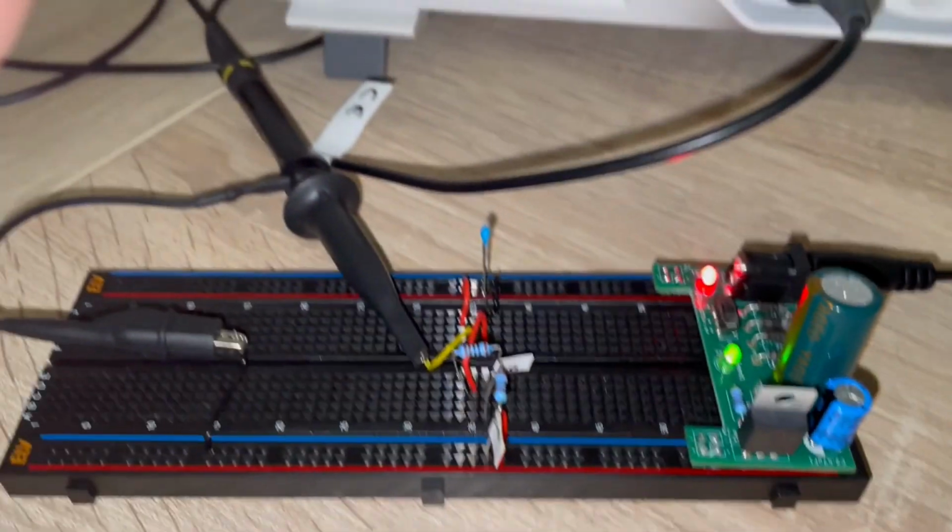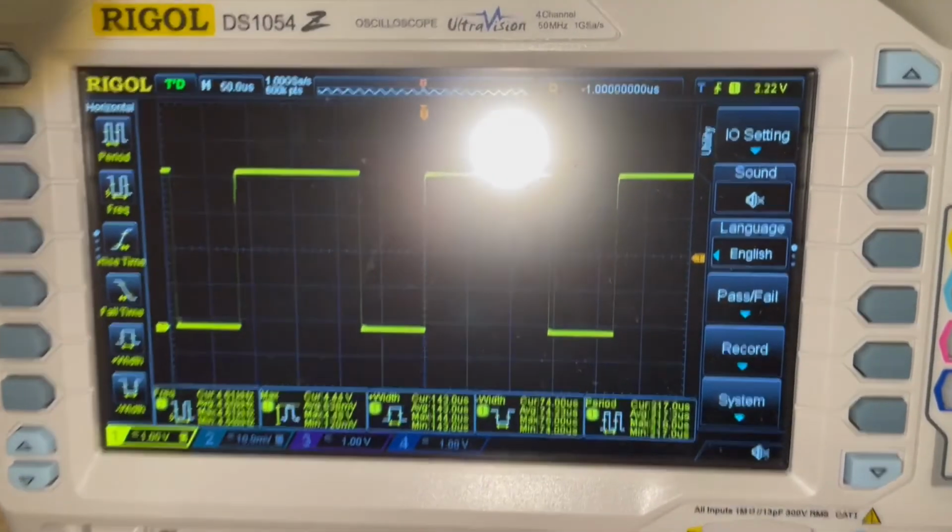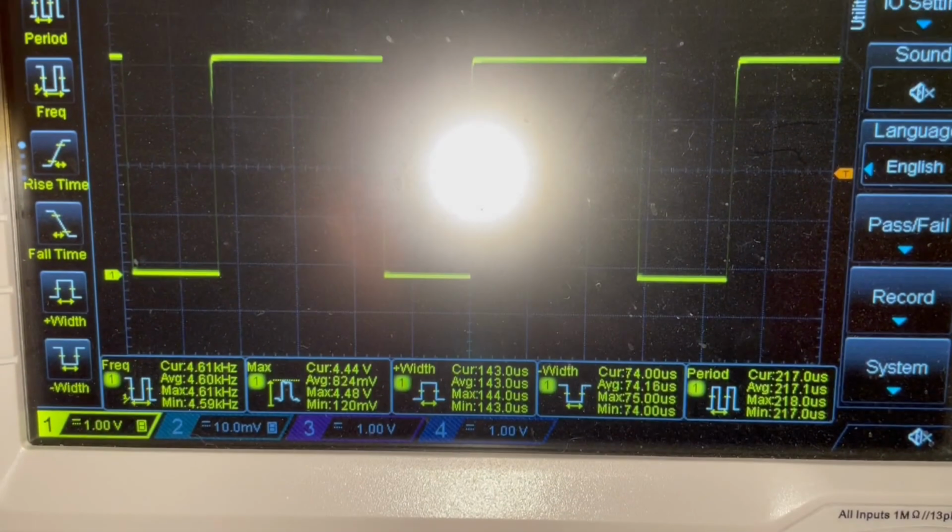And now the lights are green, and there is our waveform, and we have 4.61 kilohertz, nearly exactly what we predicted. It was around 4.58. And if you're looking at the average here, it says on the frequency statistics 4.60, so it's even closer to our calculations with the real values.